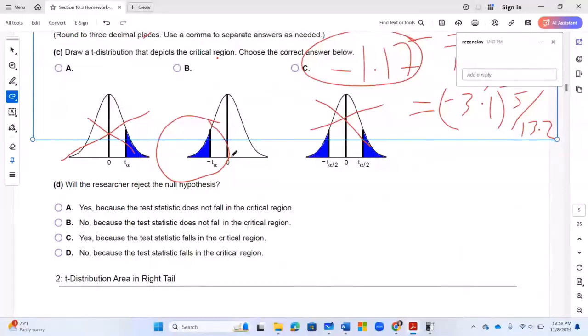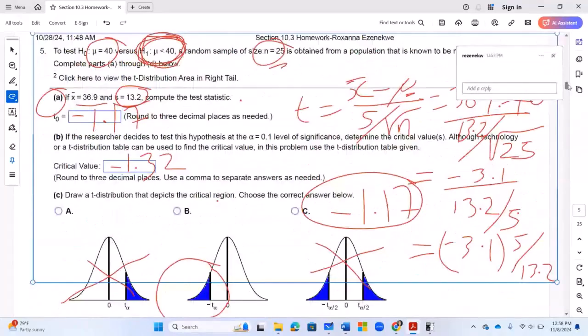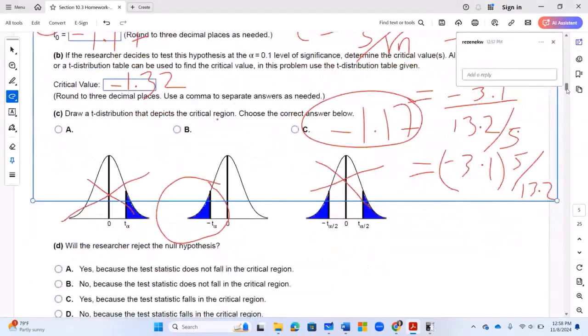The next question is, will the researcher reject the null hypothesis? Let's actually see. The critical value is negative 1.32 and the test statistic is negative 1.17.